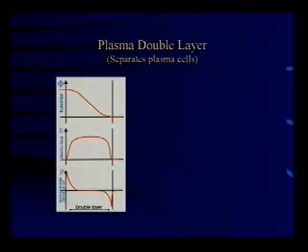This is, just briefly, what is a double layer? If you have 2 points, let's say A and B, in a plasma, and they're at radically different voltages, the plasma doesn't like that.